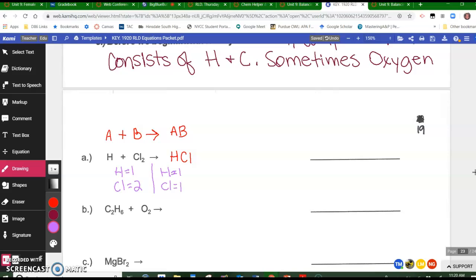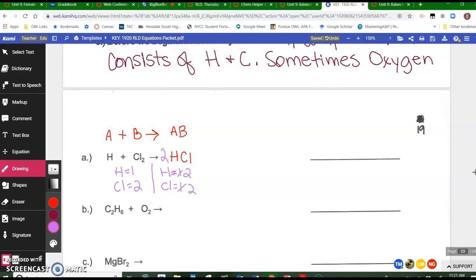It looked like a 2. I'm going to look at chlorines first because that's the one that's imbalanced. I need to put a coefficient of 2 in front of HCl, and that changes my letters here to 2.